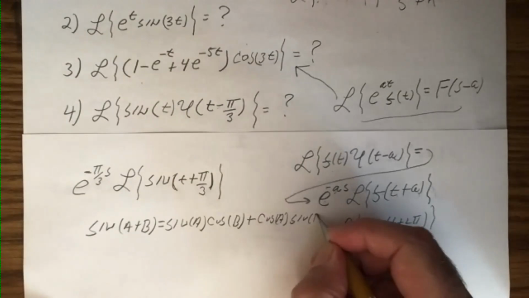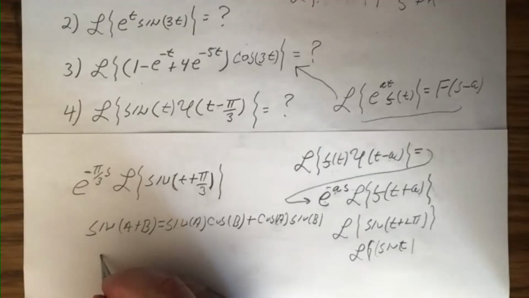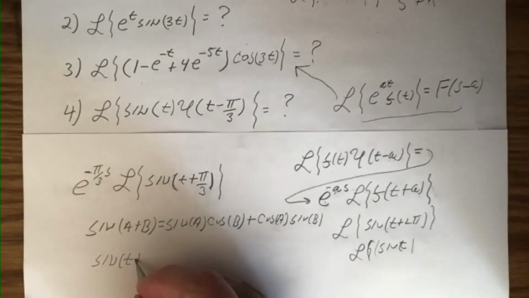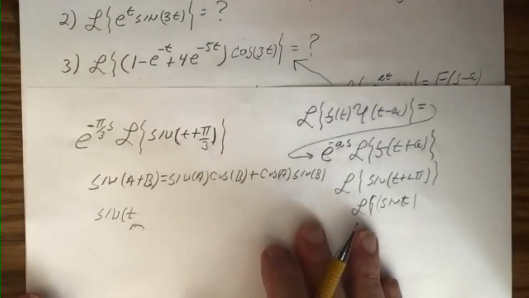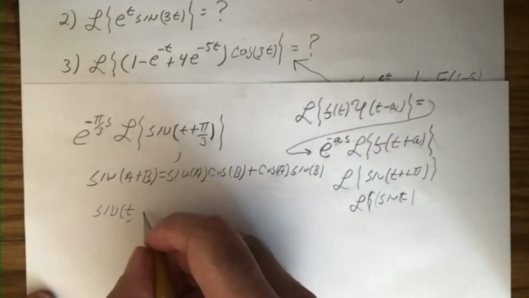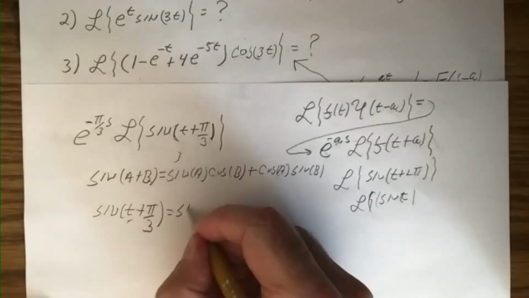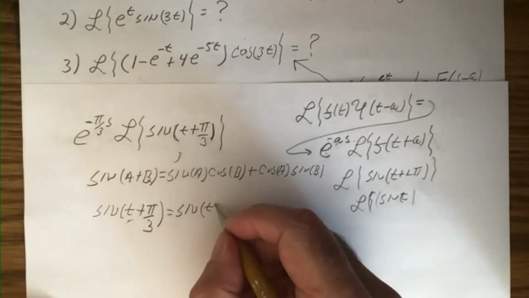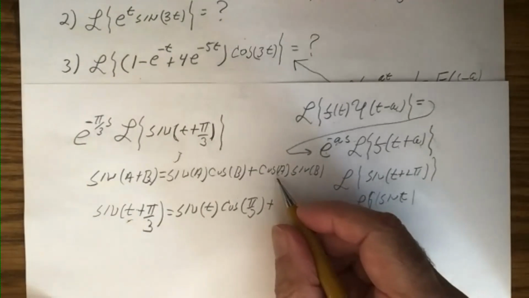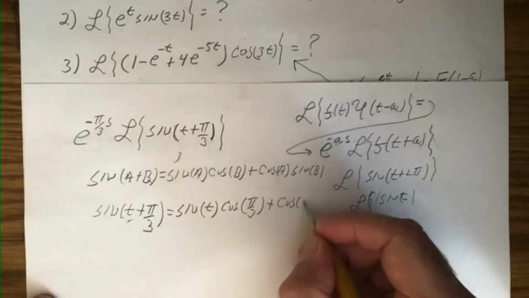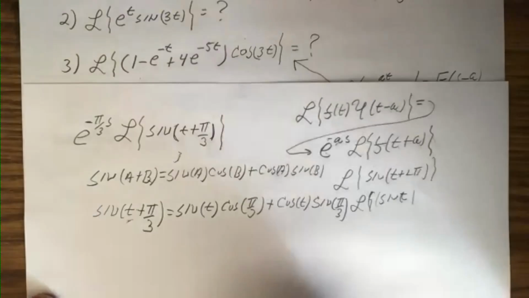So the sine of t plus pi over 3 is equal to the sine of t times the cosine of pi over 3, plus the cosine of t times the sine of pi over 3.